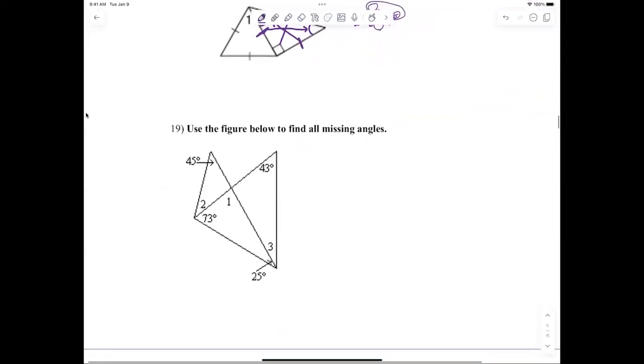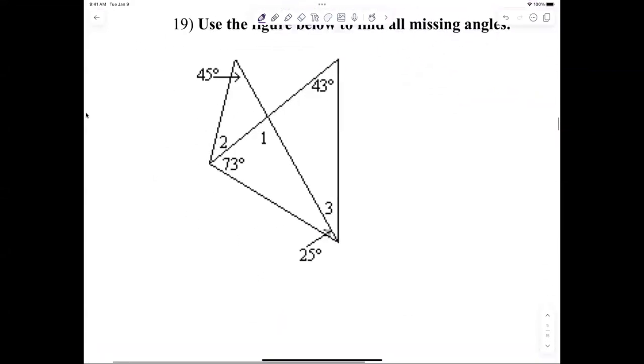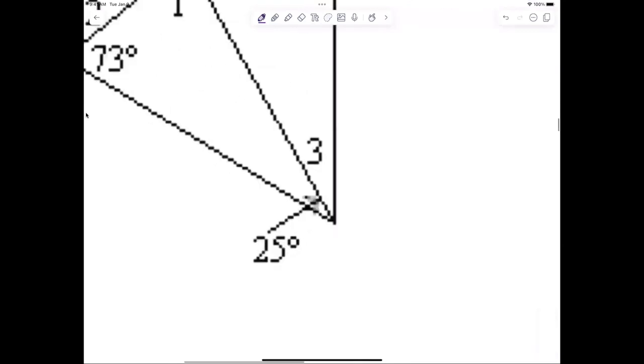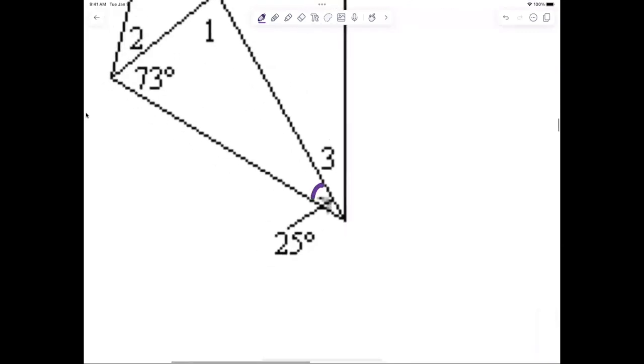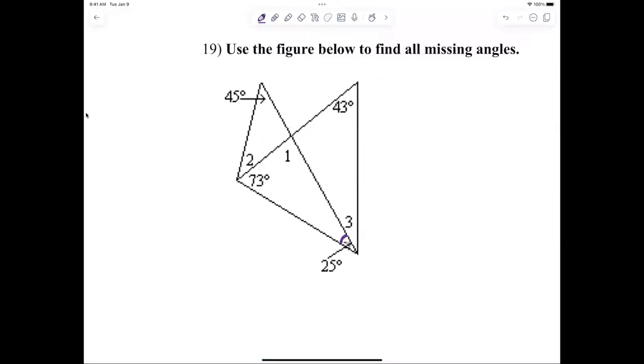Good. Down here, all the missing angles, all of them. All right, now this angle looks to me like 25 degrees, just to be sure. So what was angle 1, guys? 82. Angle 1 was 82 degrees. Now, if that's 82, then this angle right here is 82. And what's the supplement of 82?